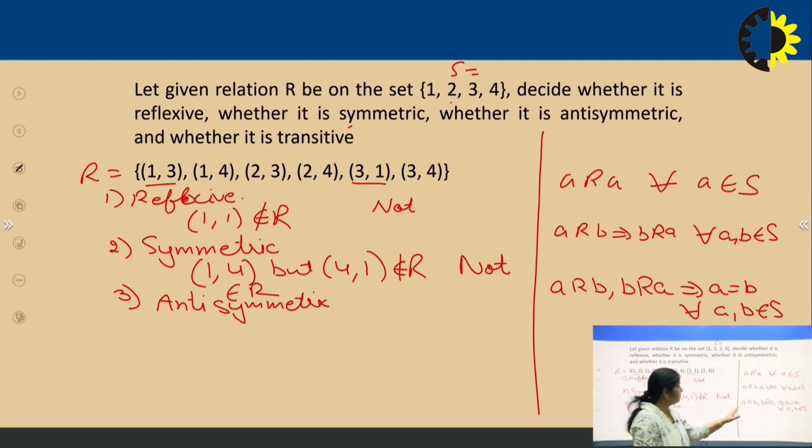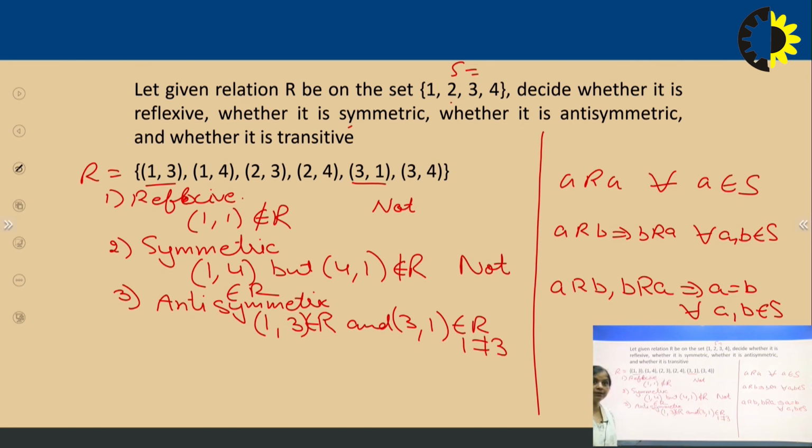So let us check antisymmetric here. We can see from here 1 is related to 3 and 3 is related to 1, but 1 is not equal to 3. So it is not antisymmetric.